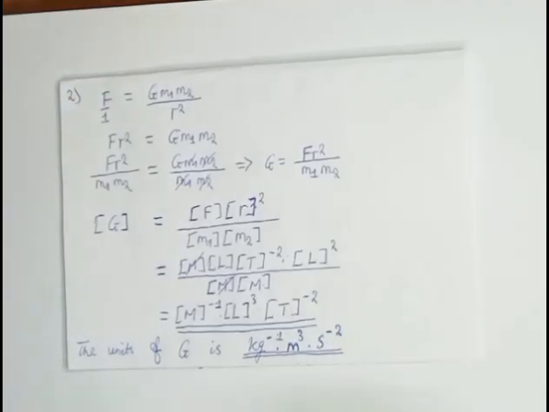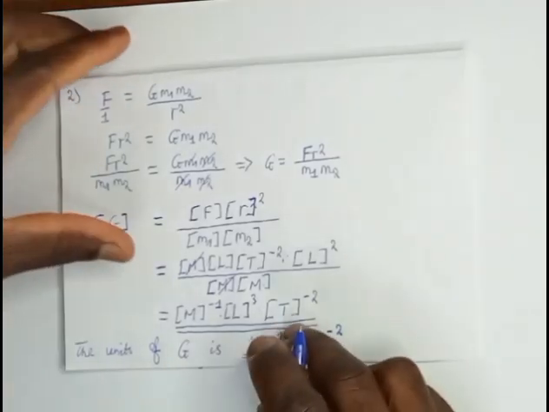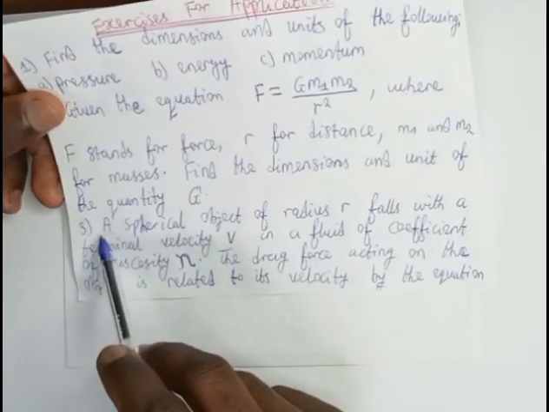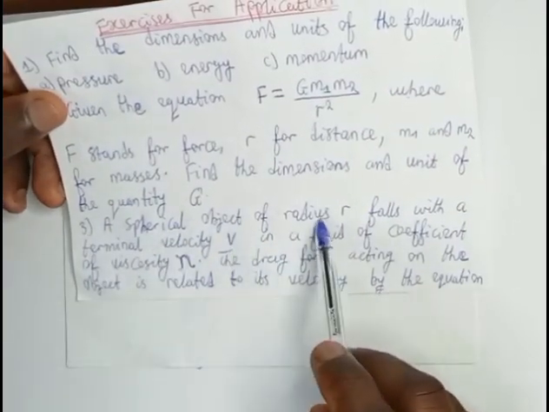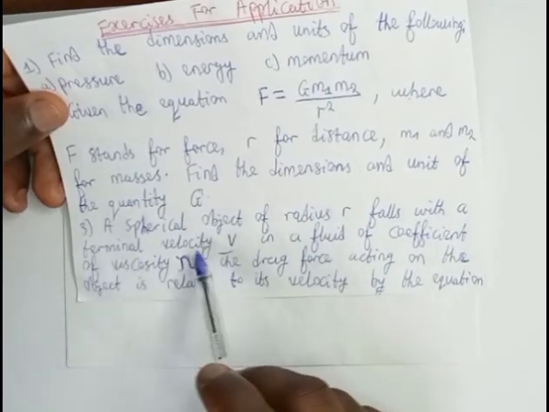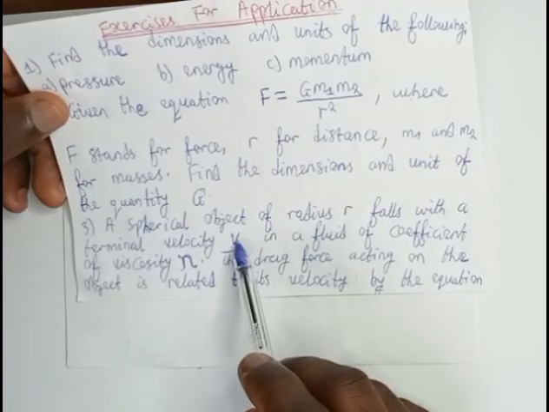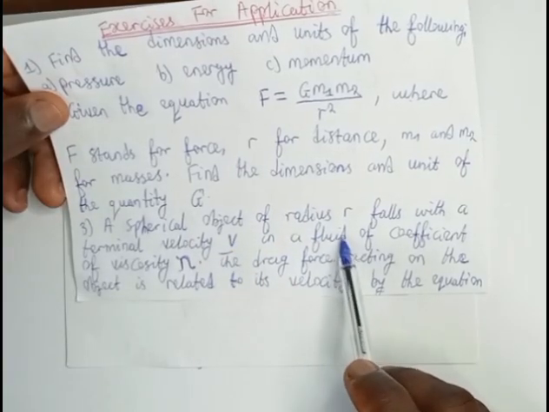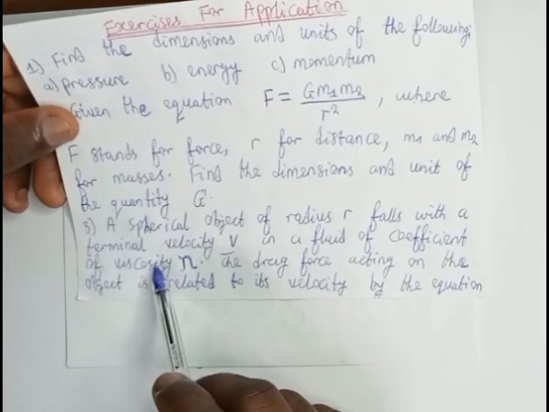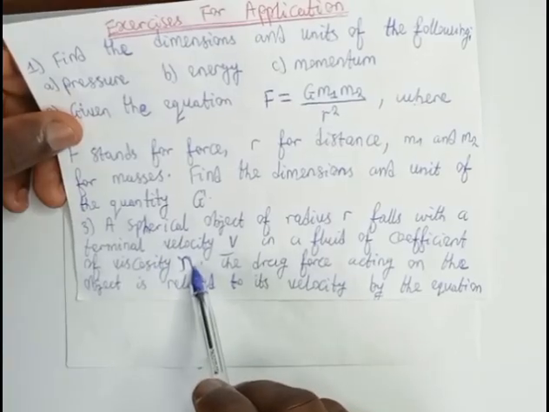Moving on to the next question, question 3. For this question, it goes, a spherical object of radius r falls with a terminal velocity v in a fluid of coefficient of viscosity eta.